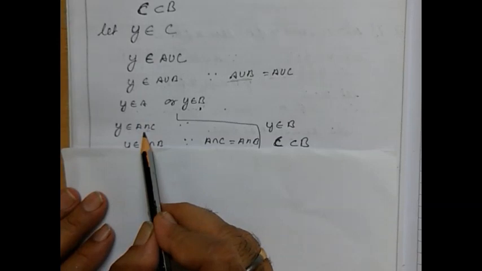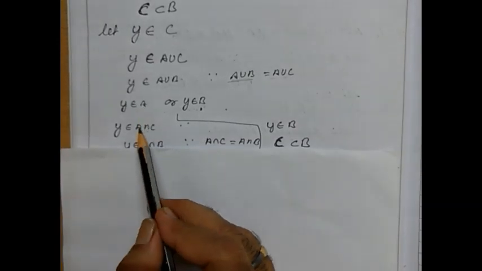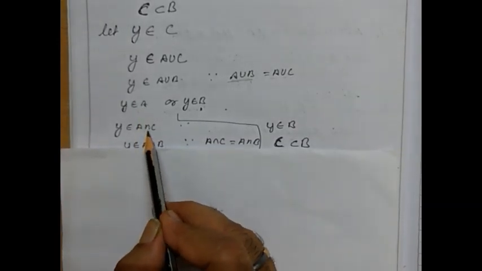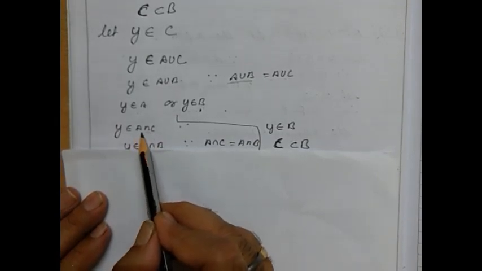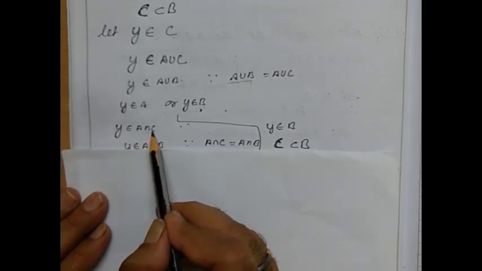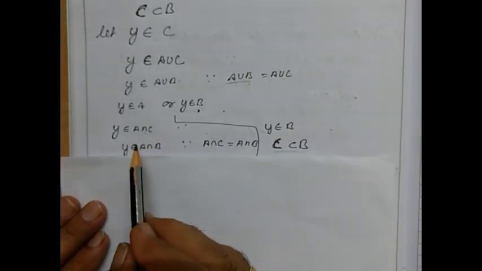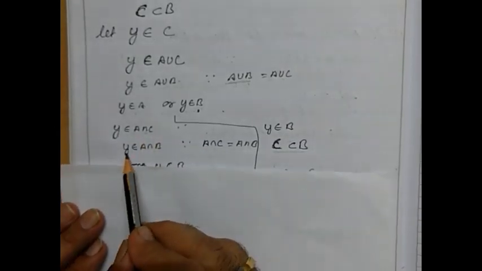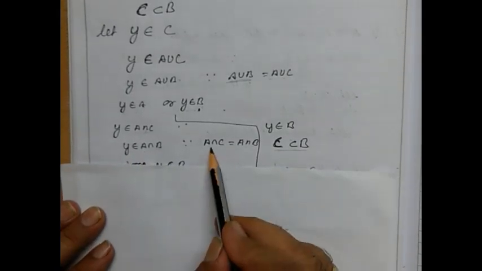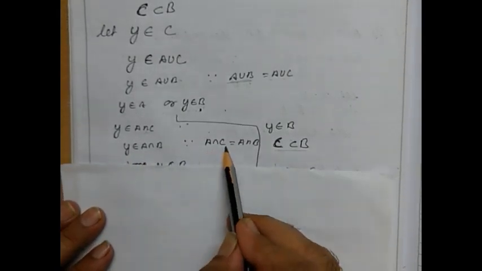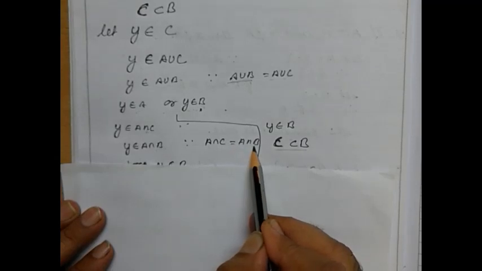If it belongs to A intersection C, that means it belongs to A as well as C also. Then only, and we can further say that this element belongs to A intersection B, as it was given A intersection C is equal to A intersection B.